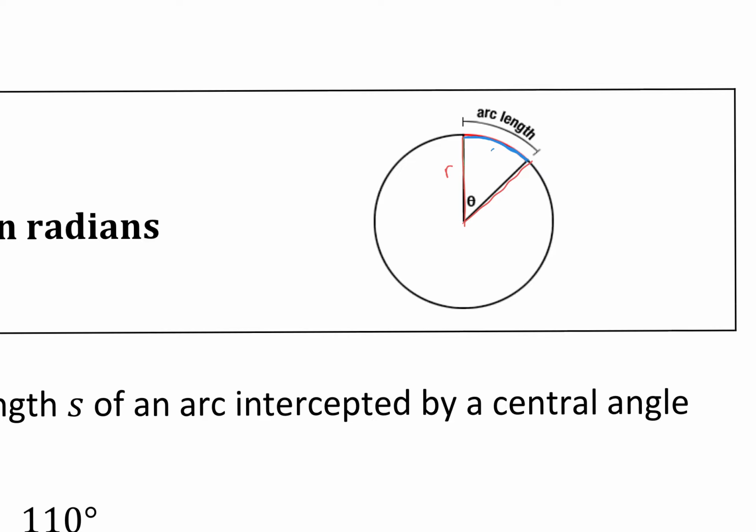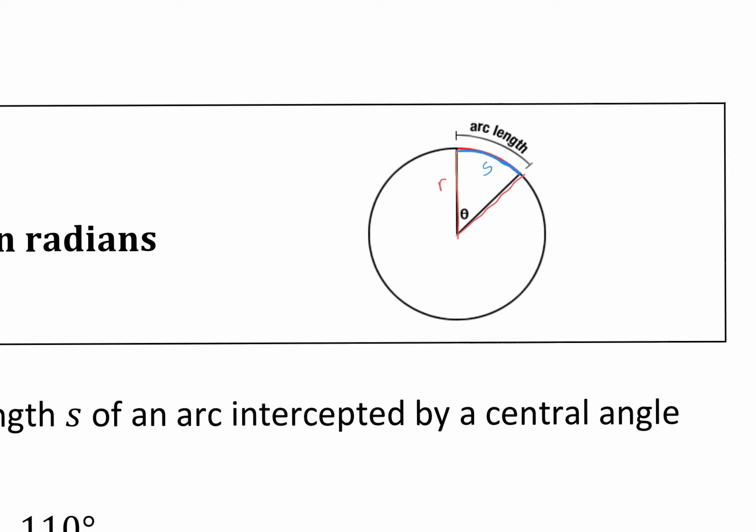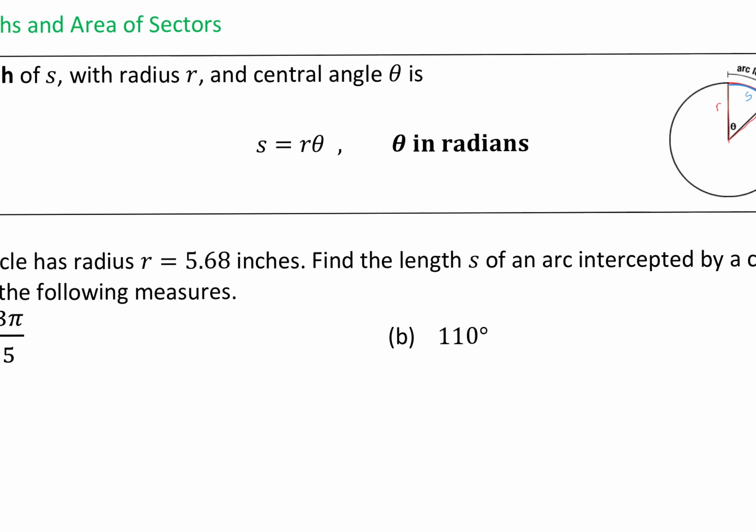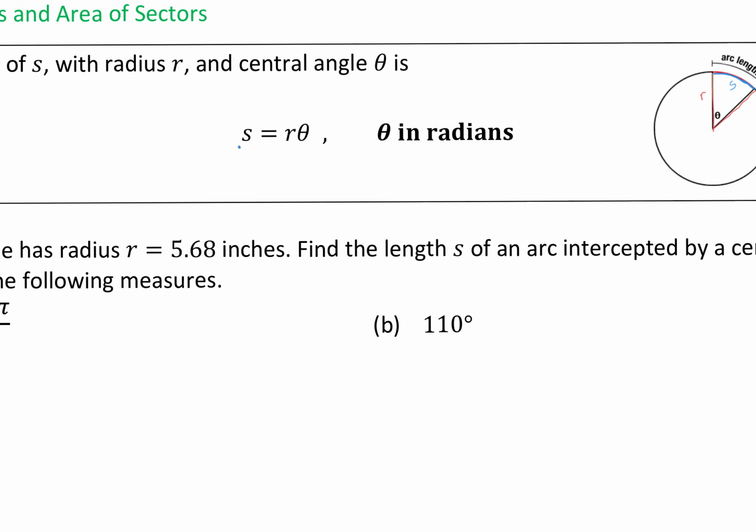Remember, we call that S. The formula for finding the arc length is simply arc length S is equal to the radius times theta, but this is the important part: theta has to be in radians to use this formula. It cannot be in degrees or the formula will not work.